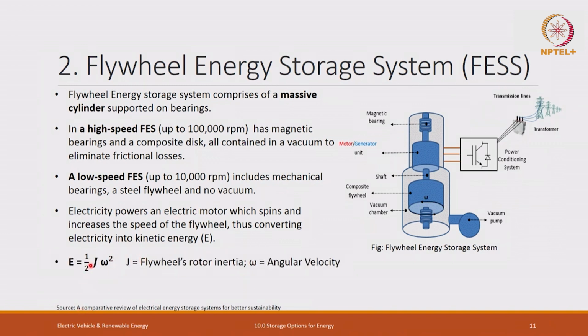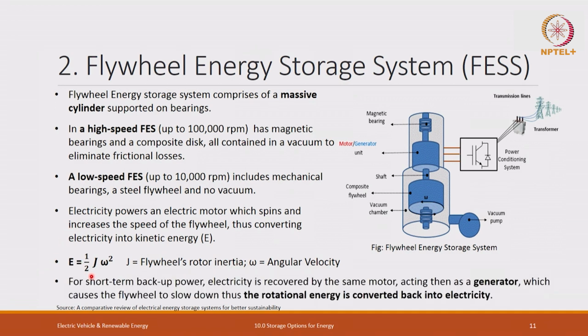The equation is E equal to half J omega square, where J is nothing but the flywheel's rotor inertia and omega is its angular velocity, and that is the energy stored in the flywheel. For short term backup, especially frequency regulation, it is a very nice energy storage device. But for longer time, it does not work well. For a couple of minutes maximum you can utilize this type of energy storage.